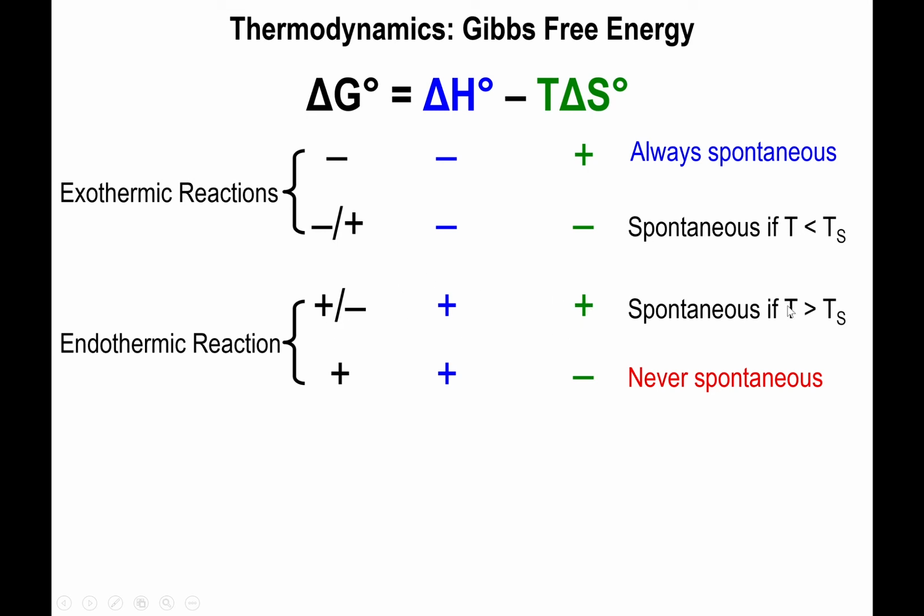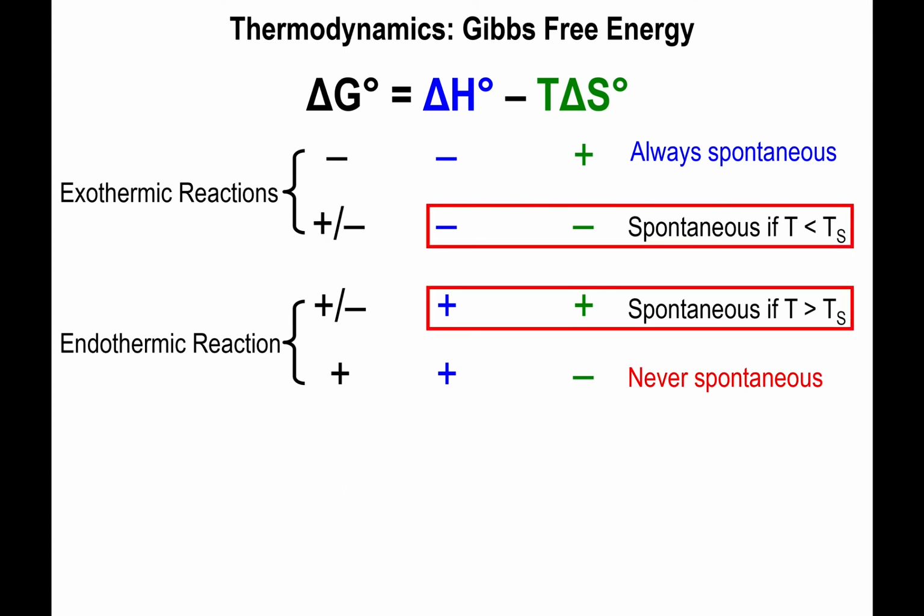So here you want the temperature to be greater than the reference value. And so this is how the whole thing will play out. And once again, if delta H and delta S have the same sign, you divide delta H by delta S, make sure that the units cancel out, and then you apply this rule. Less than the reference value, more than the reference value, depending upon the value of delta H.